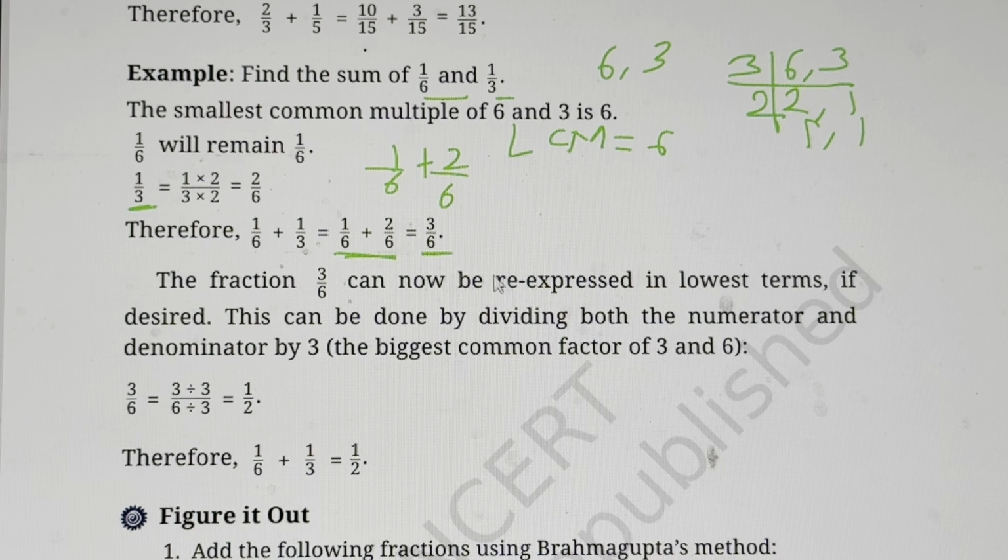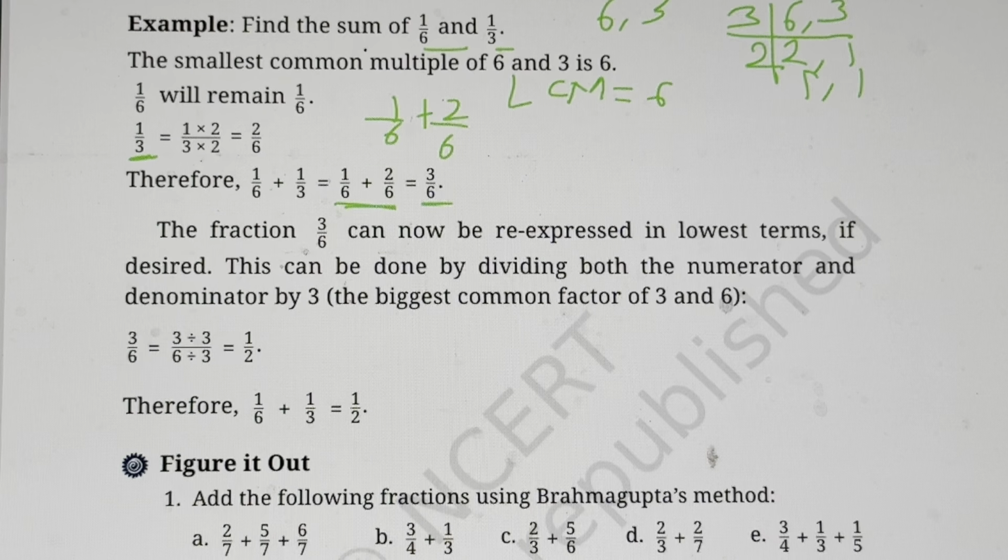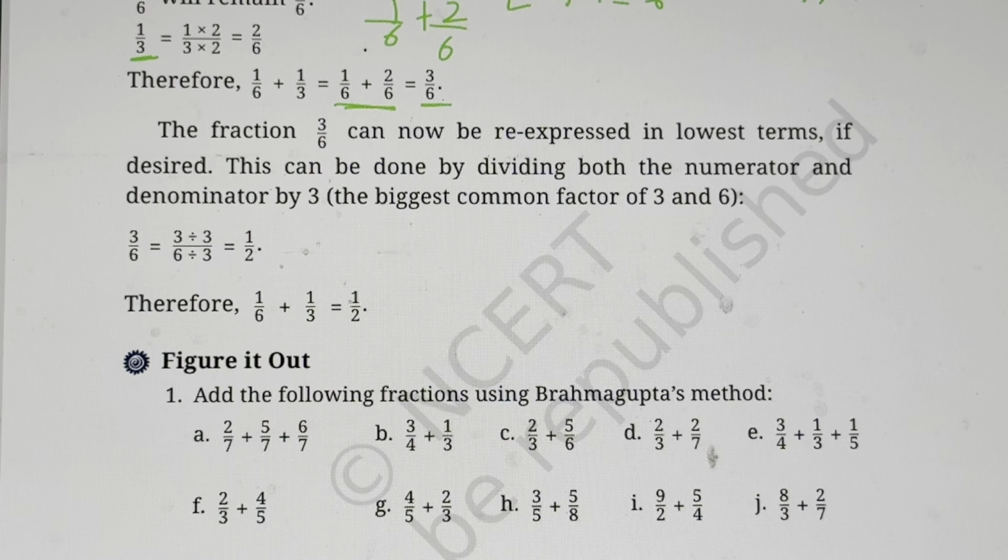Okay. Now what was told, that the answer should be in the lowest term. Now you can see this is 3 upon 6. They again have a common factor 3. So we divide both by 3. So you get half. So the final answer is half. 1 upon 6 plus 1 upon 3 is half.